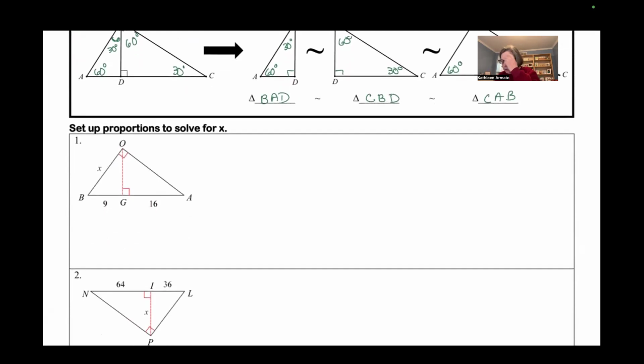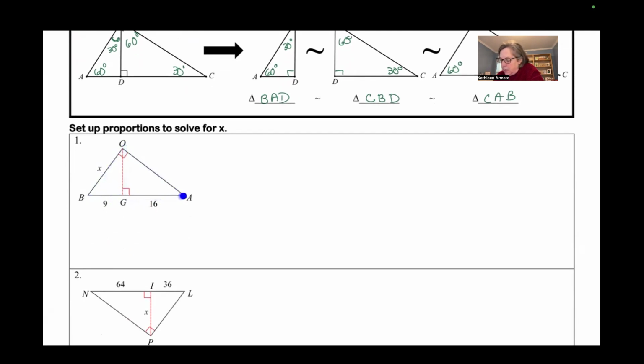Here, I'm looking for this side, okay? Now, that side is in this smaller triangle here, and it's also in the big triangle. In the smaller triangle, if I'm just looking at this triangle, notice it's the hypotenuse. It's opposite the 90-degree angle.